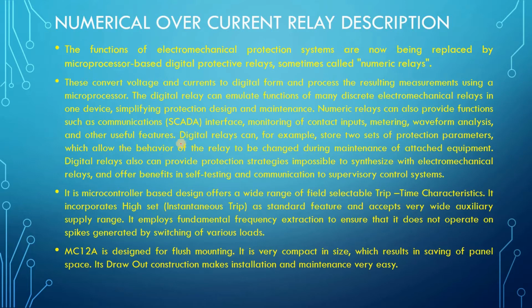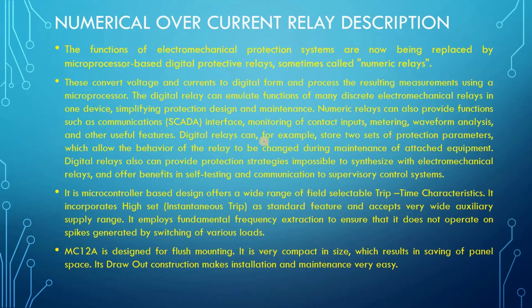It can save all data, all faults, and it can also give you the fault waveforms. So modern technology and modern ideas are coming. Day by day research is going on, so this protection system is going to be more and more reliable and more simplified.